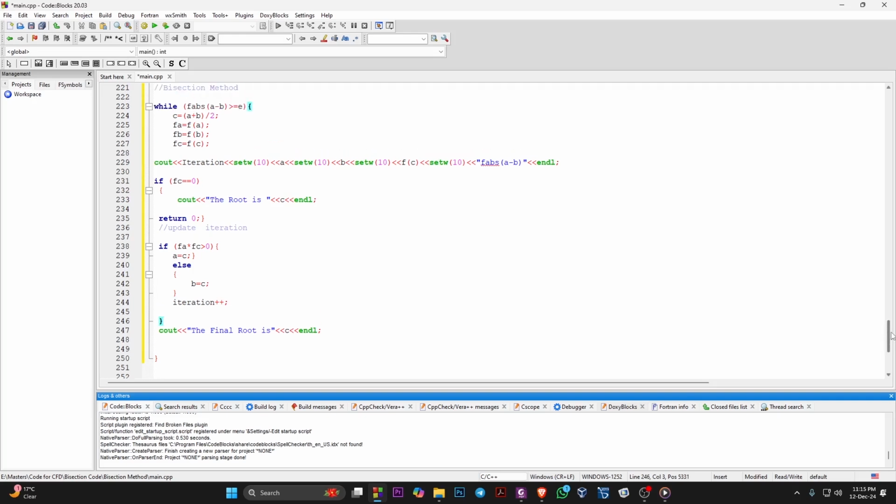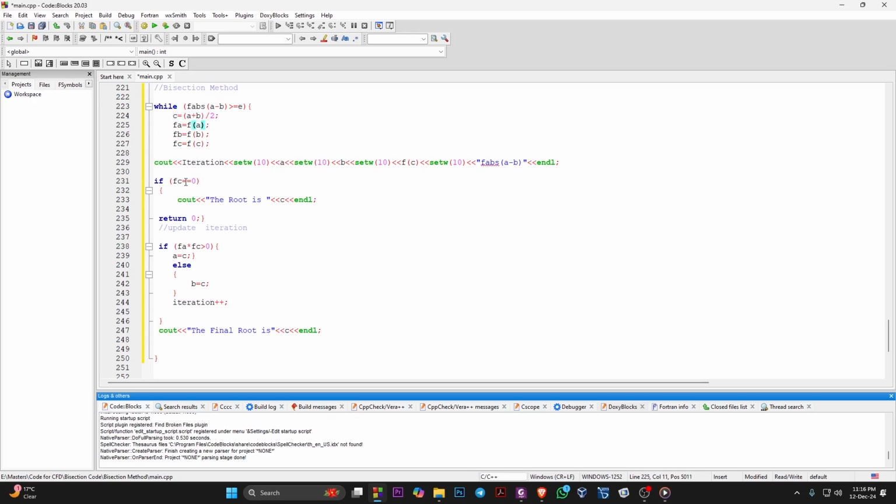So this is our main loop. If the absolute difference between a and b is greater than or equal to our error value, then we will go for this equation. We want to further evaluate the value for c, a plus b divided by 2.